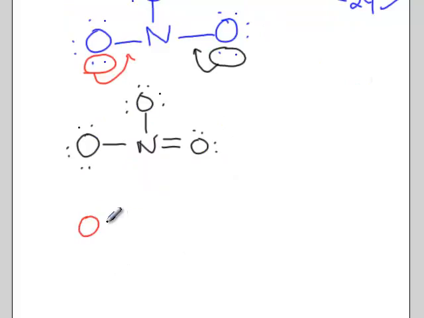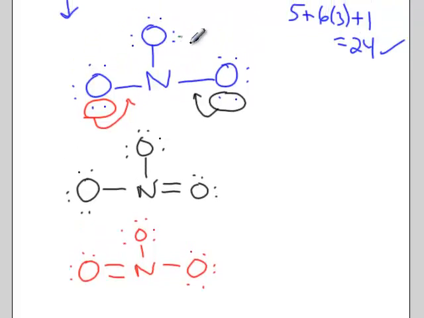So we're going to have a second resonance form. Or choice number 3, we could have moved a pair from the oxygen on the top.